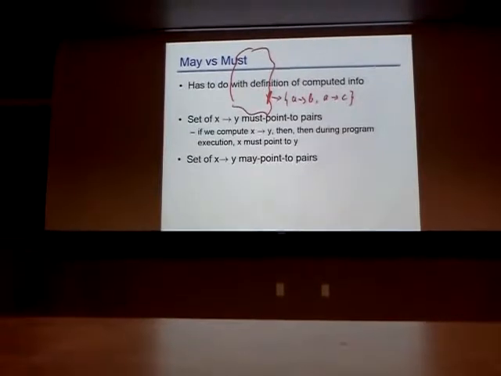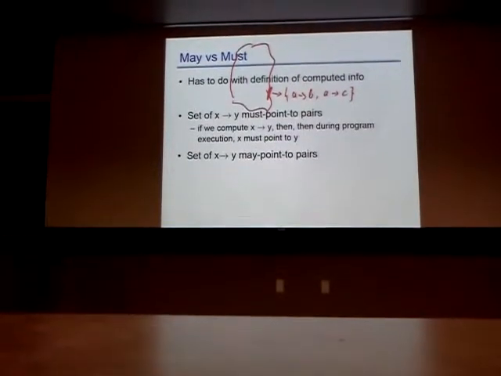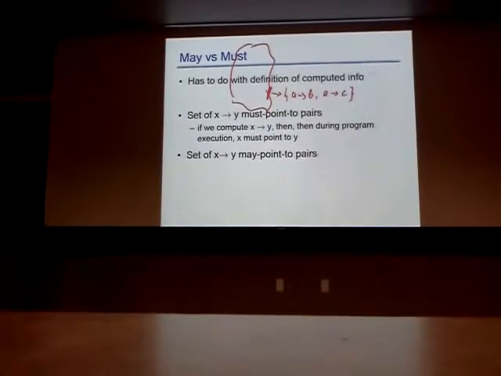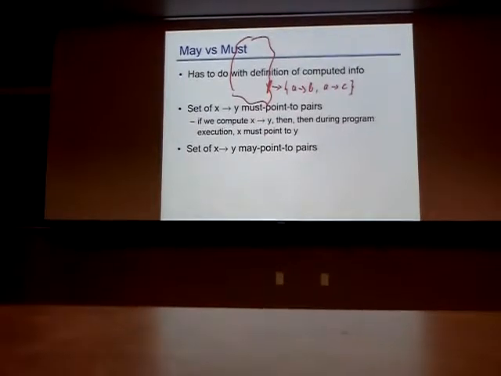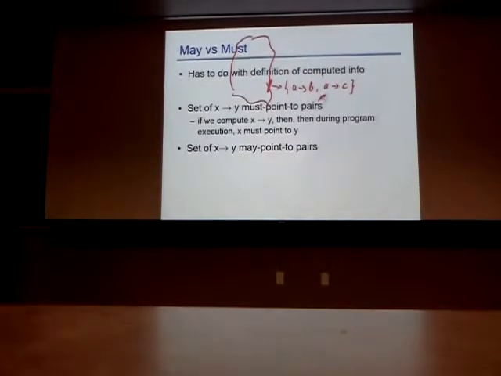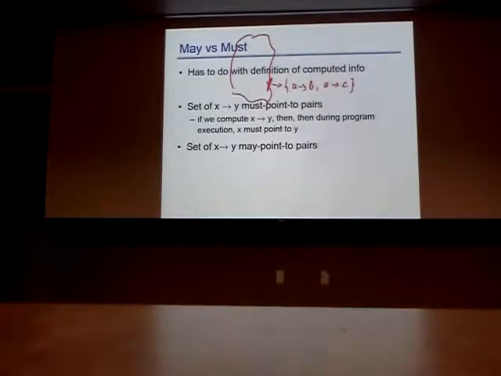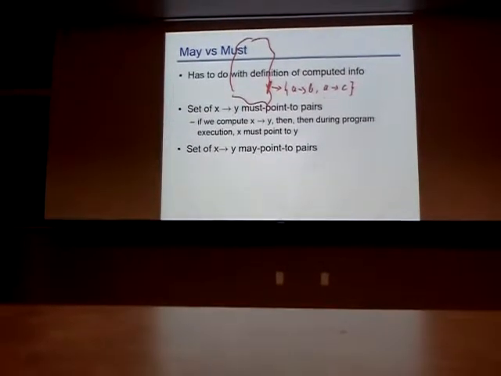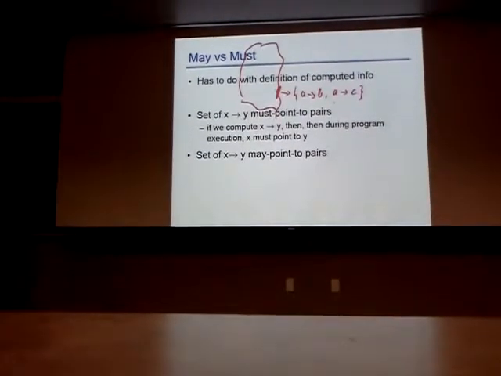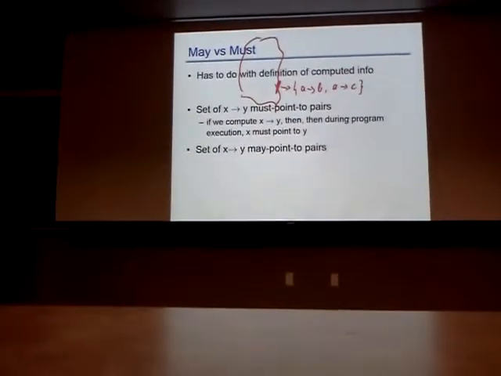Are we considering the empty set of may point to as saying it can point to anything, because we don't know what it might point to, or are we saying it points to nothing? What would that imply if may point to A returns the empty set? Does that mean we don't have any information on what it may point to, or that it cannot point to anything? That would help define it.